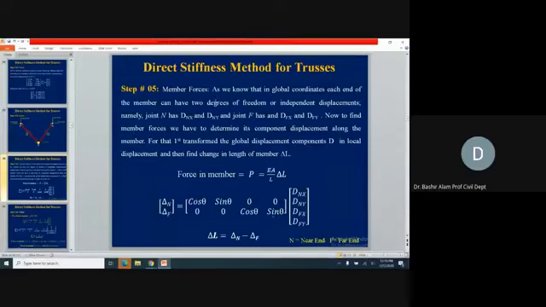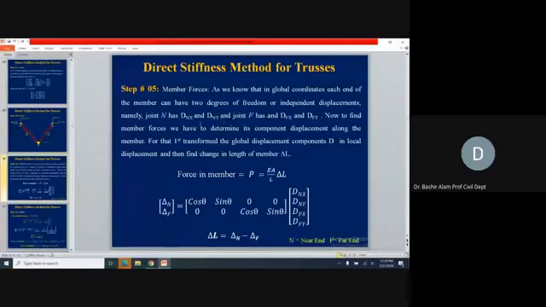Now, how do we find member forces? As we know, in global coordinates, each end of the member can have 2 degrees of freedom or independent displacements. Hope you agree with this statement. Namely, joint N has dnx and dny, these are D1 and D2 now. N is for the near end: displacement at the near end in x direction, and displacement at the near end in y direction.